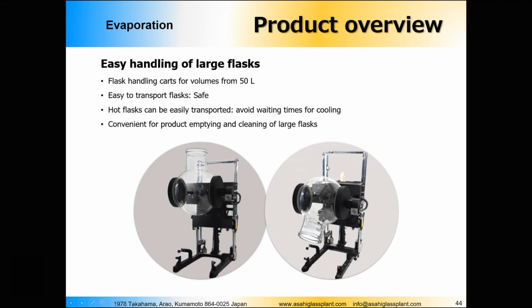When we're talking about big evaporators with a volume of 50 liters and higher, not many customers think about this. But with 20 liters, you can still operate a 20-liter rotary evaporator and the 20-liter evaporating flask with your own hands. But a 20-liter evaporating flask already weighs about 4 kilograms.